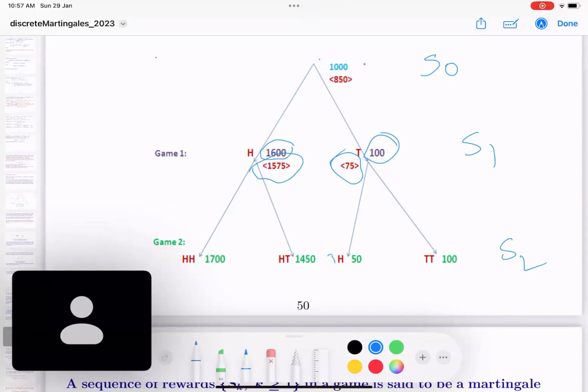So you have some sequence of games which are happening, and Sk is the net gain at time k. If you start with one at time 1, with my indexing, this is S1, S2, this is S3. Sorry.